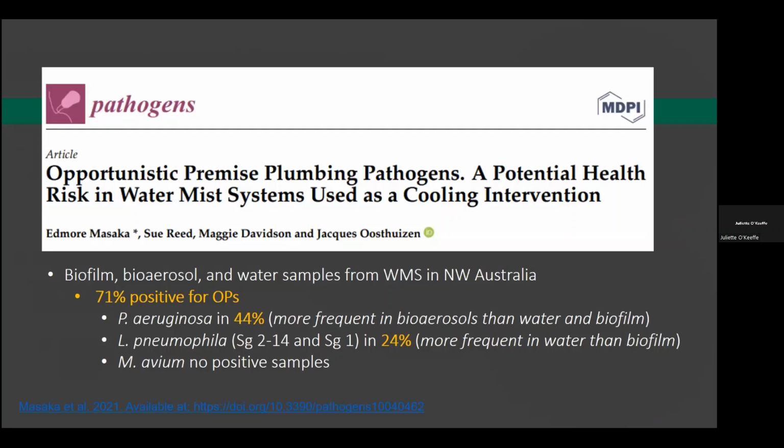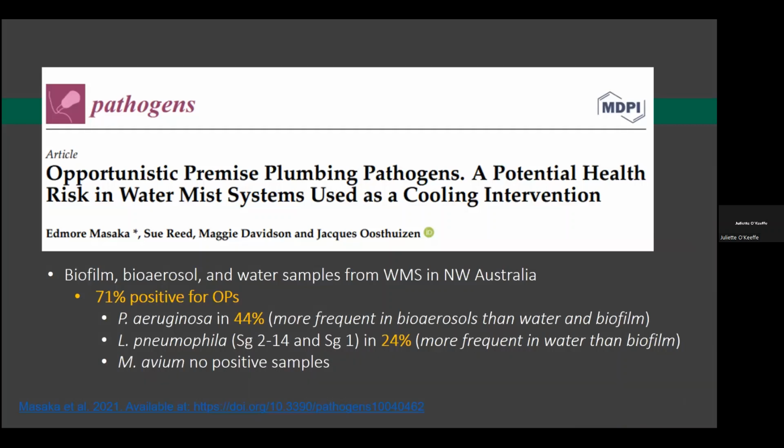This study from Australia from 2021 was looking at these opportunistic pathogens in water mist systems. Across biofilms, bioaerosols, and water samples that they took from these systems, there was a high level of detection of opportunistic pathogens. Pseudomonas was found in 44% of samples, more frequently in bioaerosols.